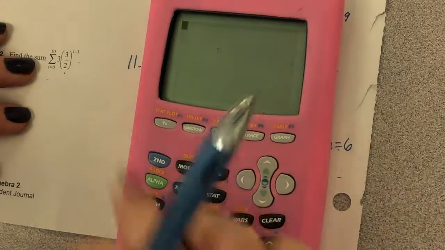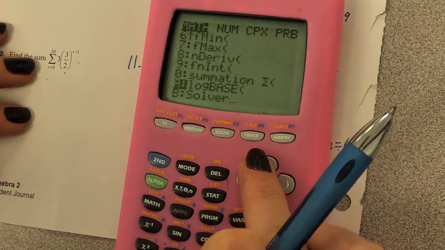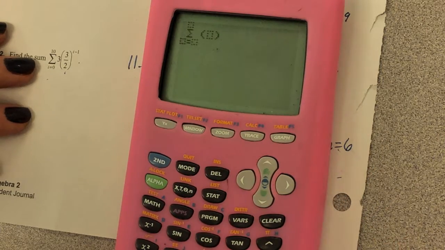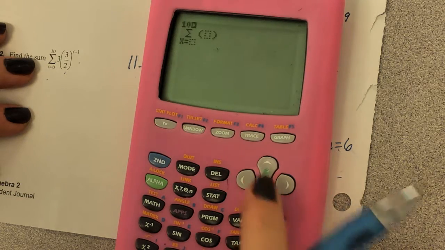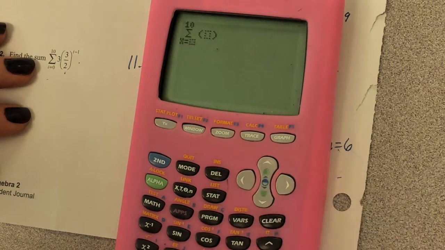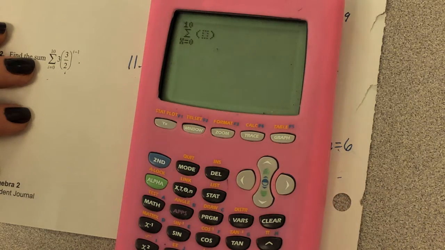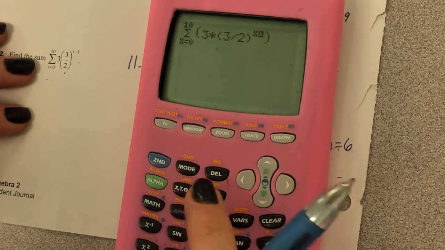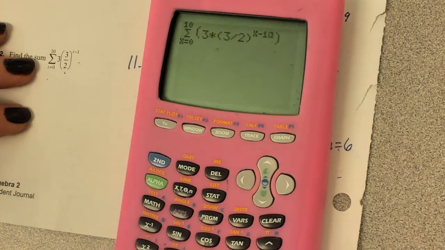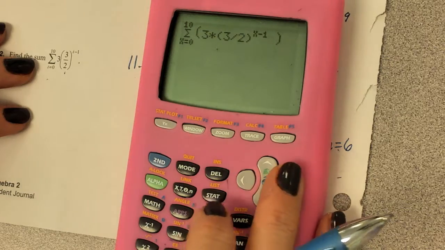All right, so now I go back to my math. Just go to summation. Just typing this in. Okay, so we get it all typed in.